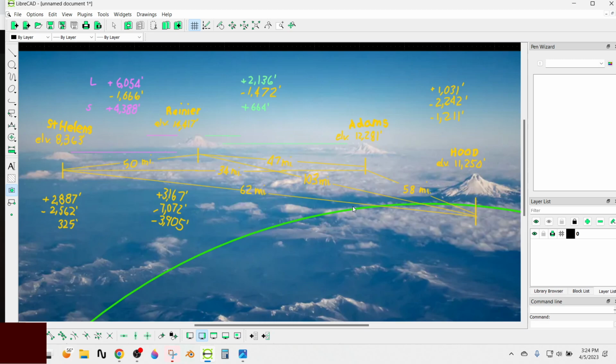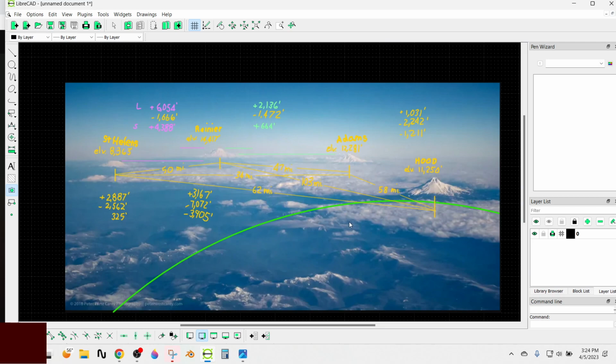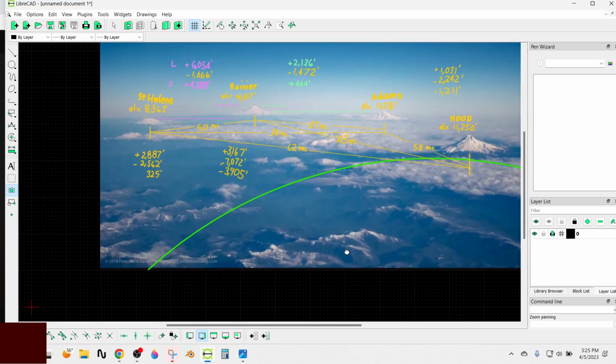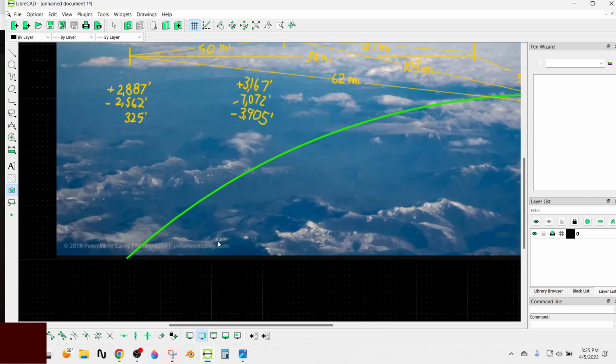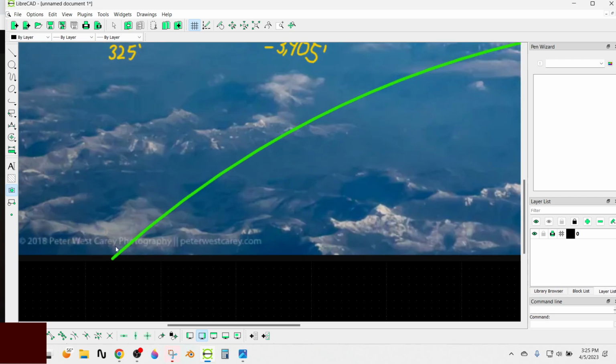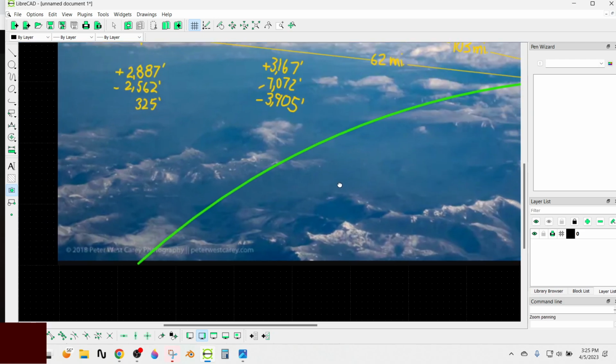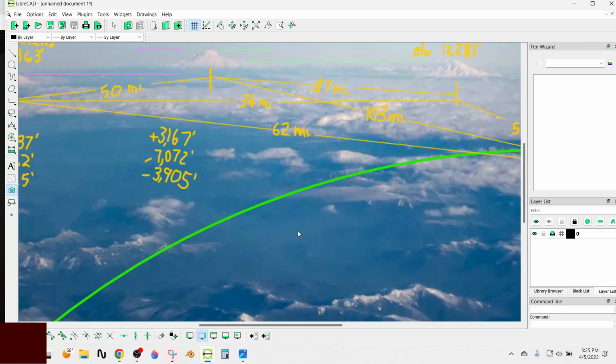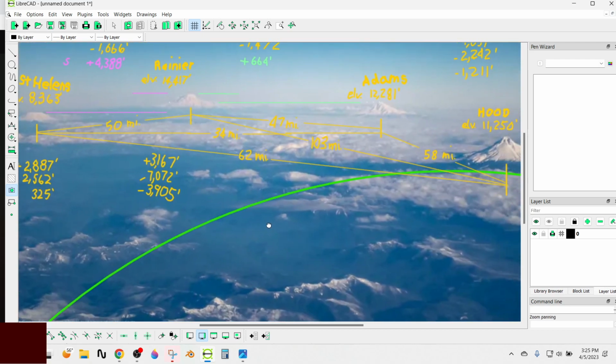Let's get into the schematics of it, because you can go to Peter West Carey Photography, and he's got this picture just for you guys to go ahead and tear apart.